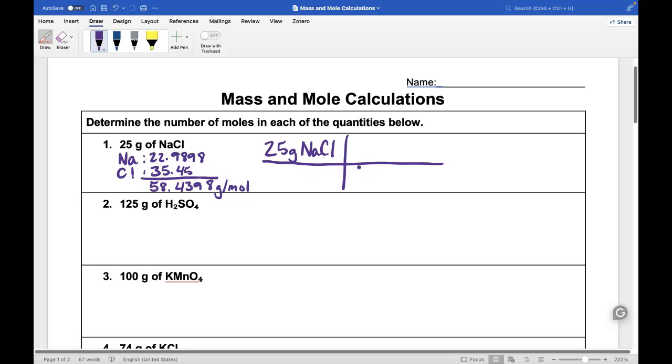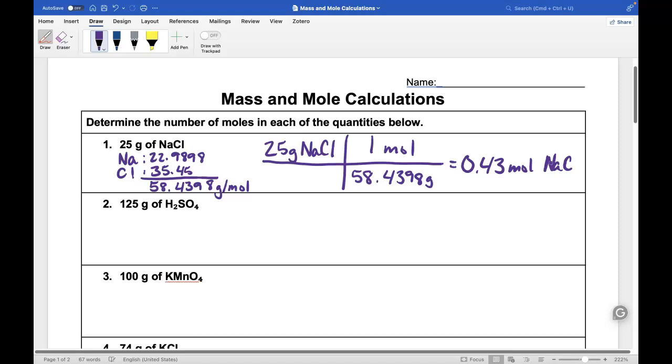I'm going to put grams on the bottom, 58.4398 grams in 1 mole. Then I'm going to do my math. I take 25 divided by 58.4398, and I get 0.43, because I'm going to round to the hundredths place, moles of NaCl.